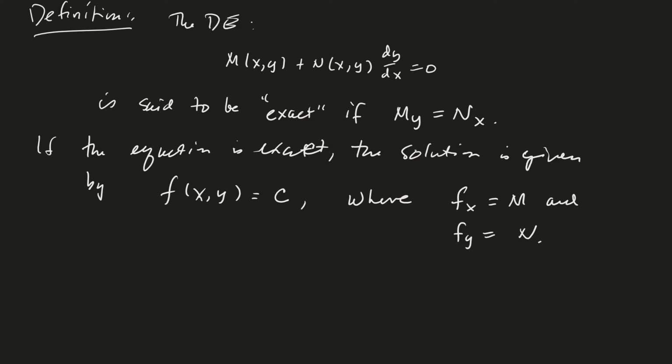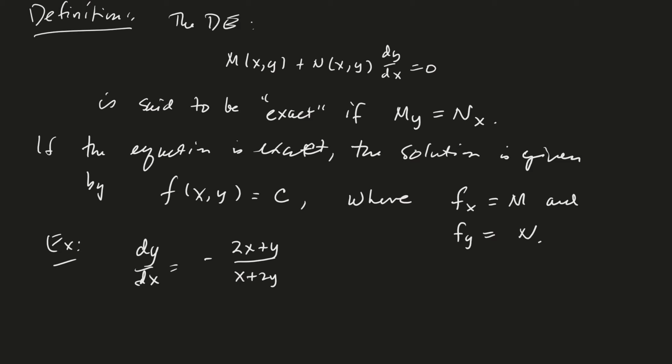Good. So let's try one, just for fun. Example. How about dy/dx is equal to minus (2x plus y) divided by (x plus 2y). Now the question is, is this an exact equation or not?